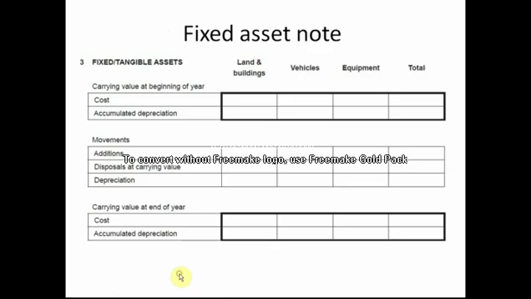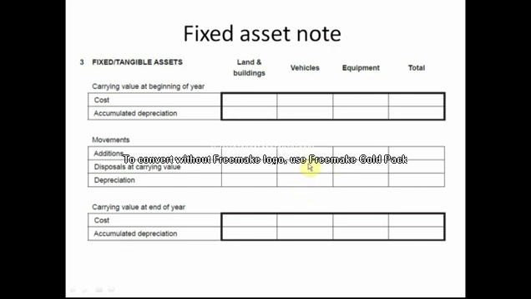Then the next relationship that we can focus on is the accumulated depreciation. So we take the accumulated depreciation at the beginning of the year, and we add the depreciation because it will just make the accumulated depreciation more.